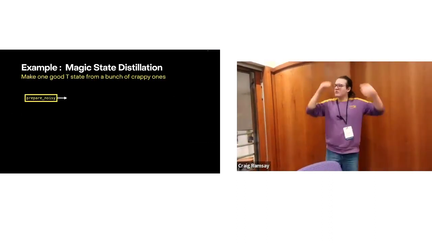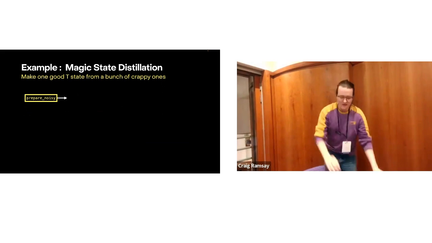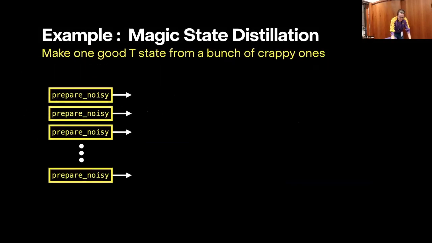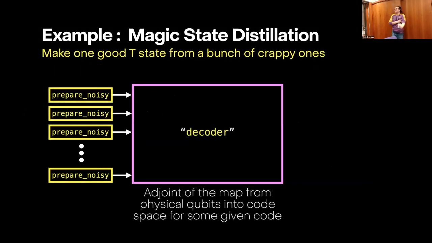Right, so I want to work through a little example here. This is an algorithm from the literature for magic state distillation, which is to say, we want to create one of these magic states. We have a bunch of approximations that we made very cheaply, and we want to try and put those all together to make one with better fidelity than we would have had from our rough approximation.